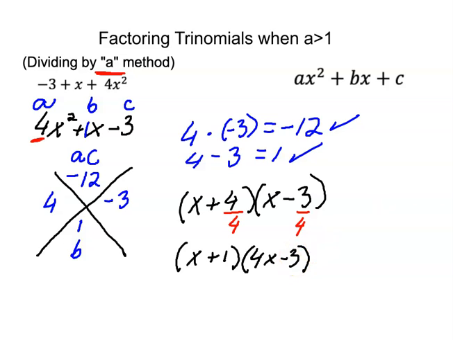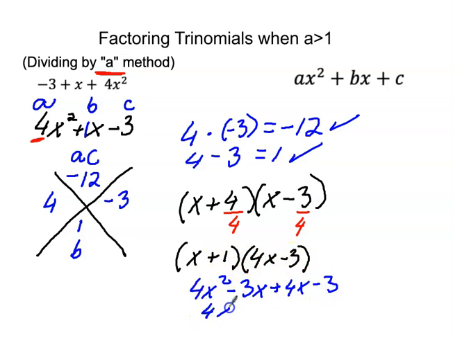So this is how we factor with a different method, and some students think this is simpler than diamond and box. Now, if you wanna know whether this is correct, you can go back and distribute. x times 4x is 4x squared, x times negative 3 is negative 3x, 1 times 4x is plus 4x, and 1 times negative 3 is negative 3.